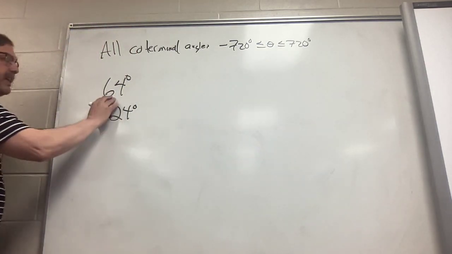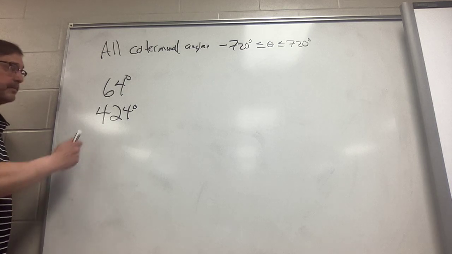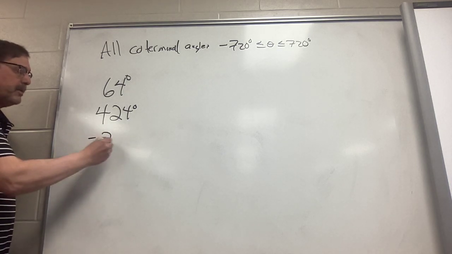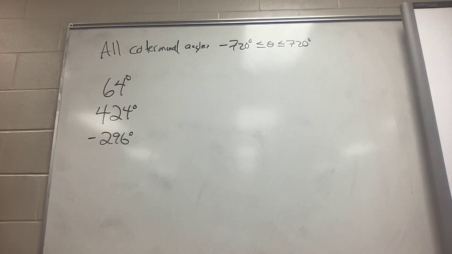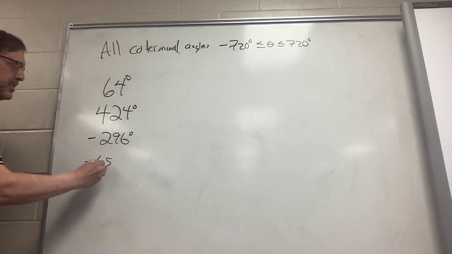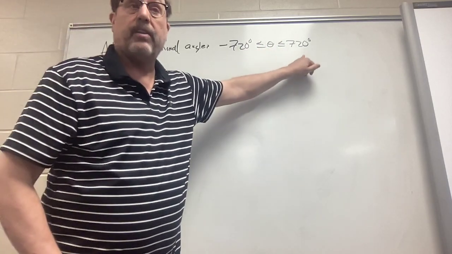All right. Would you take 64 and subtract 360, please? Negative 296. Would you subtract 360 from that? Negative 656. Is that within our range of between negative 720 and 720?